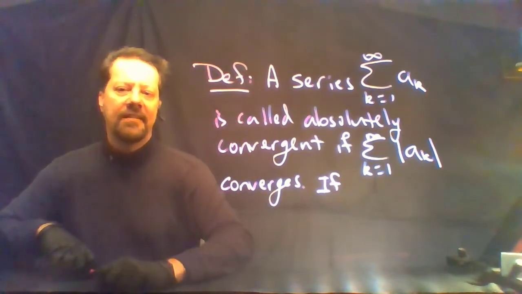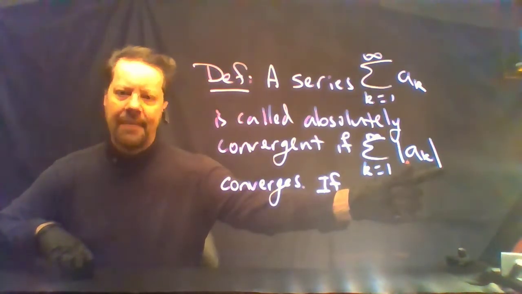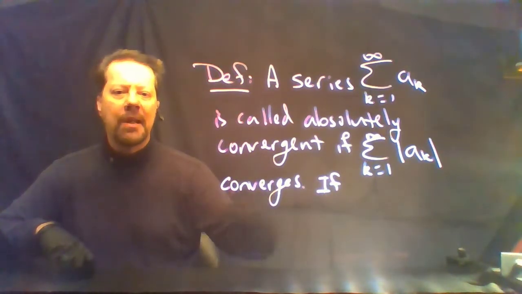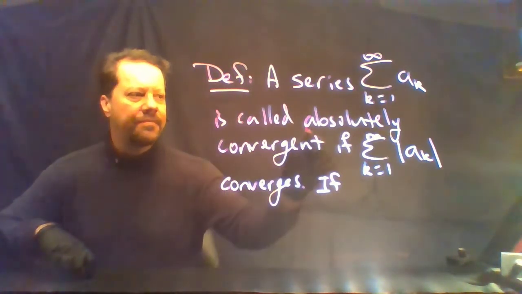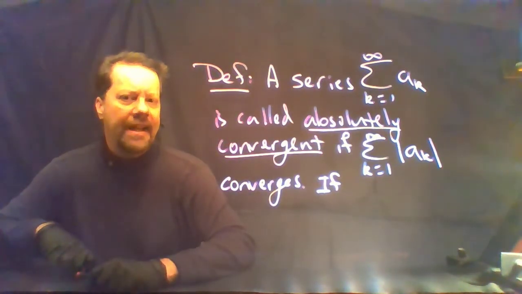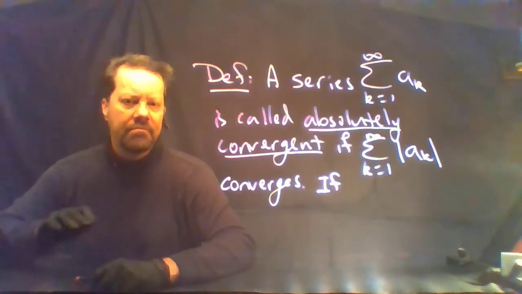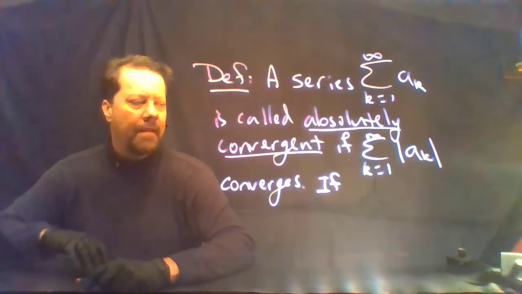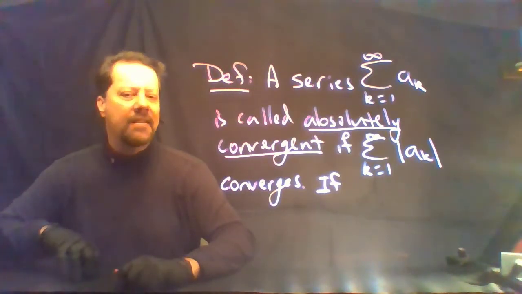We've seen that the alternating harmonic series converges, but in absolute value it reverts to the old harmonic series, and the harmonic series does not converge, it diverges. That means that the alternating harmonic series is not absolutely convergent. All of the P series that you've seen to this point, those are absolutely convergent. However, the alternating harmonic series diverges in absolute value, and so it converges, but it's not absolutely convergent.